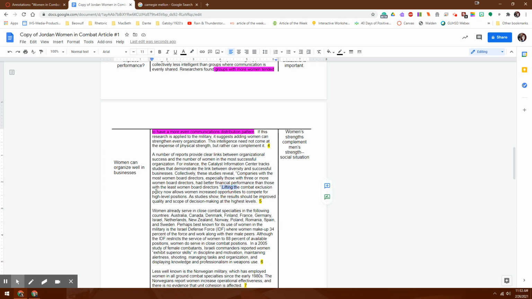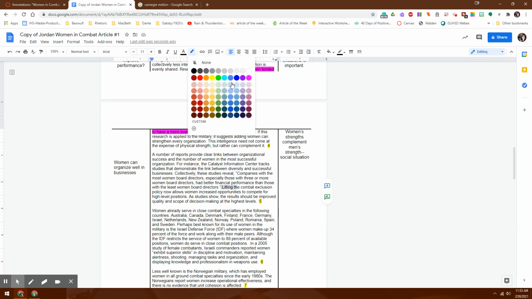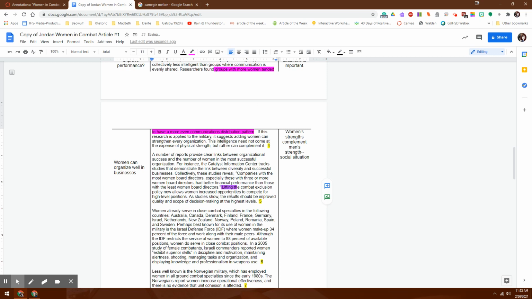Lifting the combat exclusion policy now allows women increased opportunities to compete for high-level positions. As studies show, the results should be improved quality and scope of decision-making at the highest levels. So I'm going to highlight this for yes. This article is very heavy in the yes.